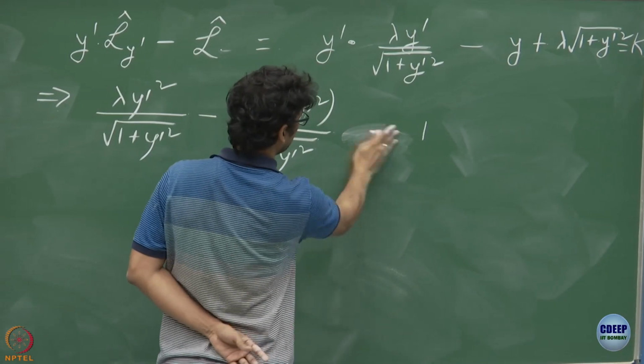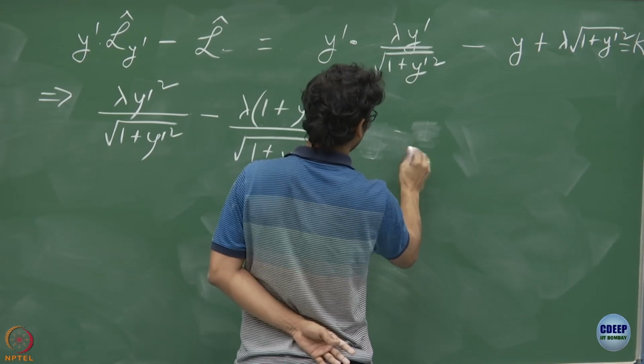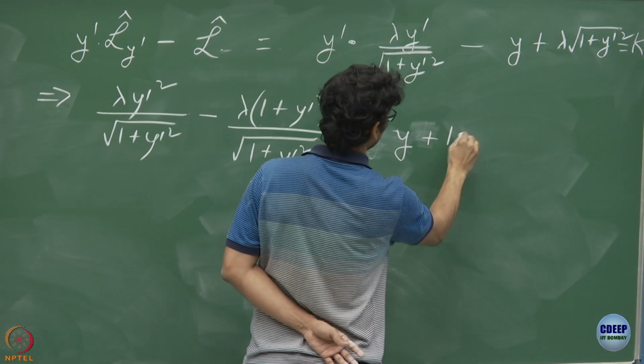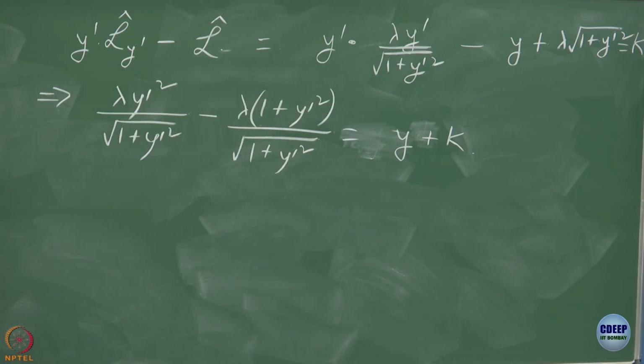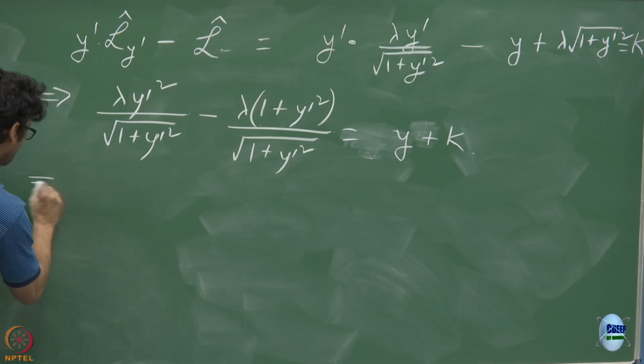Or I can just put this y on the other side is equal to y plus k, right? I hope that's all right. Please check and stop me if you find any mistakes here.